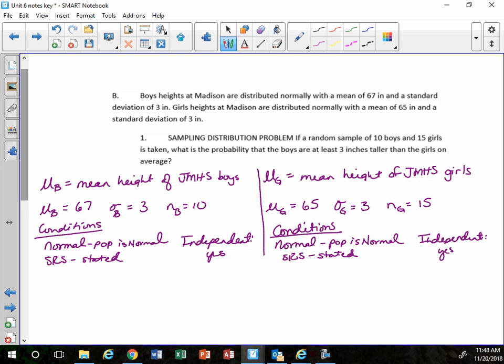Okay. I'm just going to jot down at the top here what we're looking at. We are looking at the average difference of the heights of boys and girls, right? So I'm looking for mu of B minus G. So this is the difference.